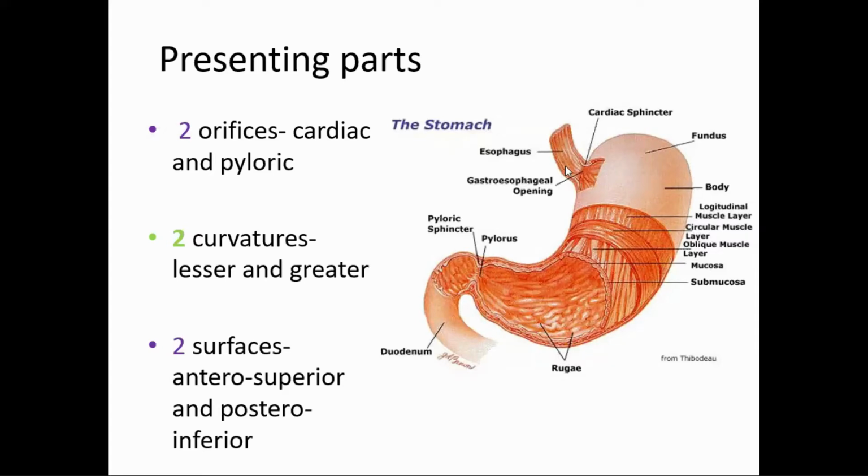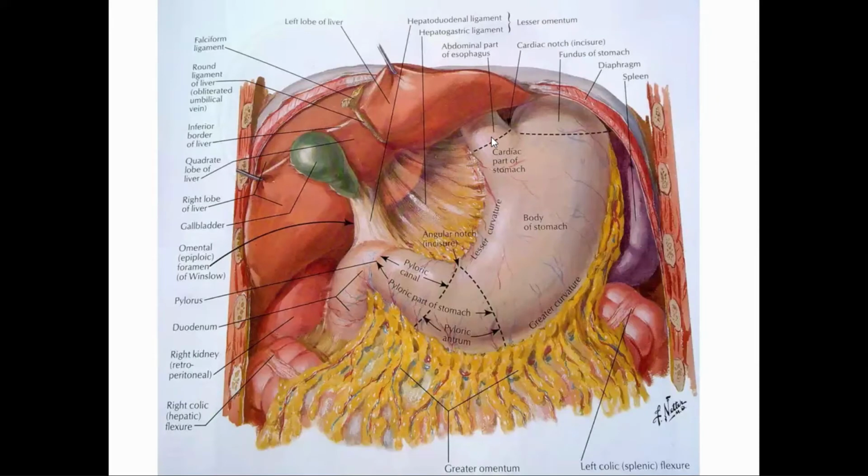This cardiac orifice is covered by the peritoneum of the greater sac, and anteriorly it is related to the left lobe of the liver.